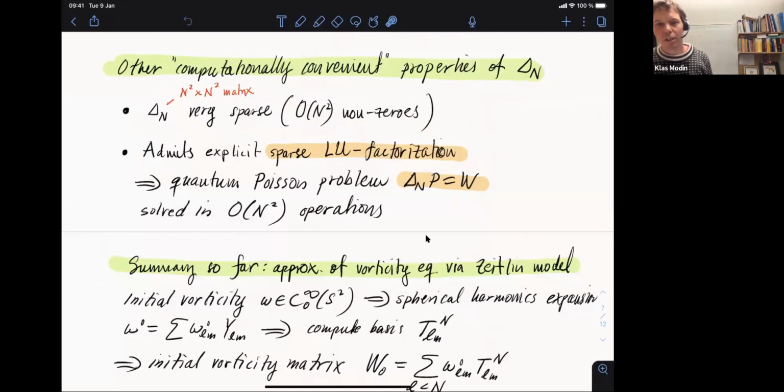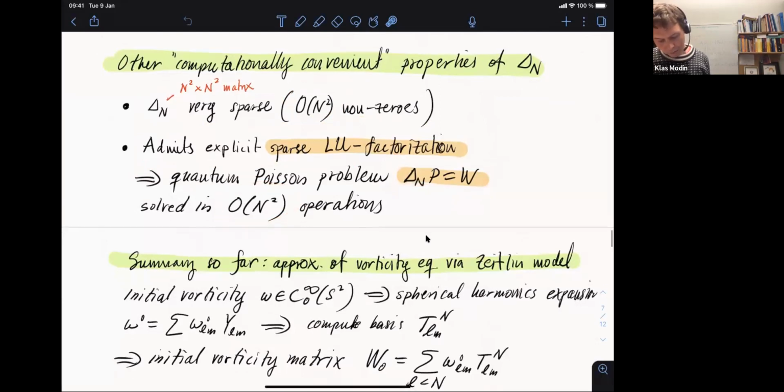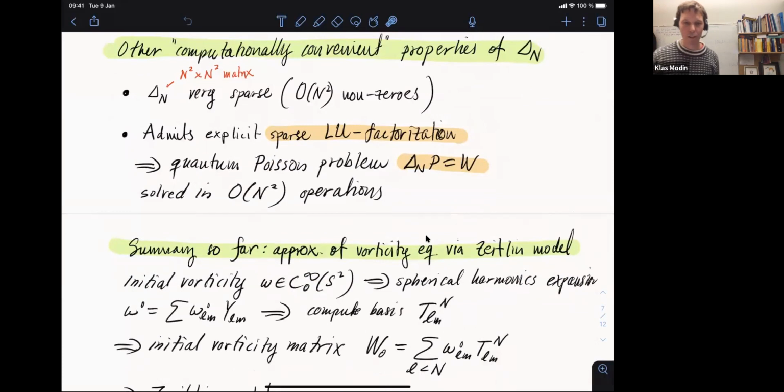And if you think about what that means, we have the Gaussian elimination scheme already. So it's very fast to compute its inverse. In fact, to solve this quantized Poisson problem, we can do that in only n squared operations. So that helps a lot. And so really, what is the computationally heavy part in the Zeitlin model? It's not solving the Poisson problem, which you might think originally when you look at it.